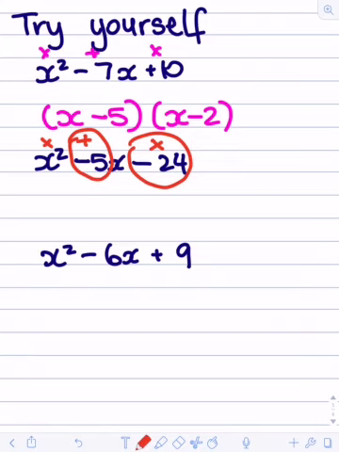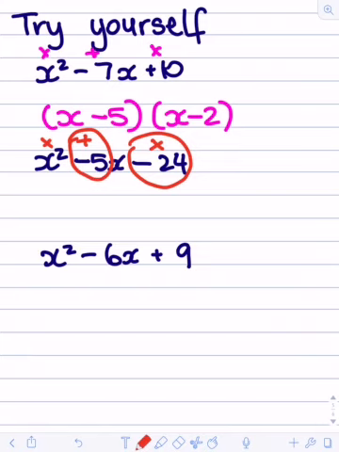So which two numbers are going to multiply to give me negative 24 and add to give me minus 5? Let's go through. 1 and 24. No, what's another multiple of 24? 2 and 12. No, not enough gap. What's another multiple of 24? You have 4 and 6. So what if we did 6 minus 4? No, 4 minus 6. Can't do that either. You have 8 and 3.